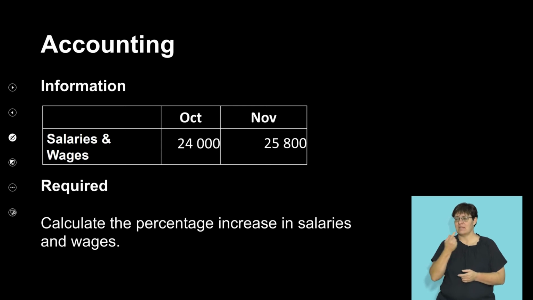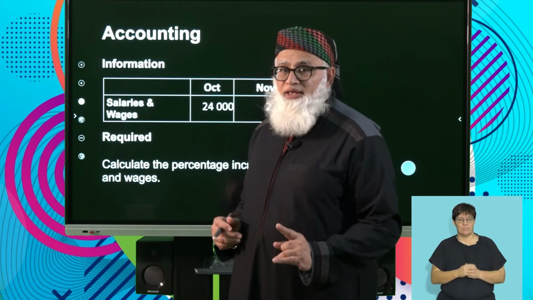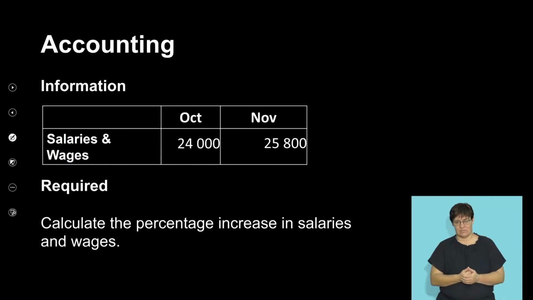Okay, next one says, here's our information. Our wages and salaries. It says calculate the percentage increase in salaries and wages. Now you can see this is almost similar to the one that we alluded to in the previous segment. But anyway, let's do this together. What do we do?